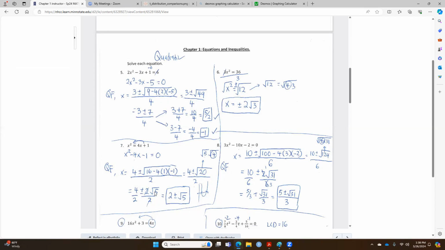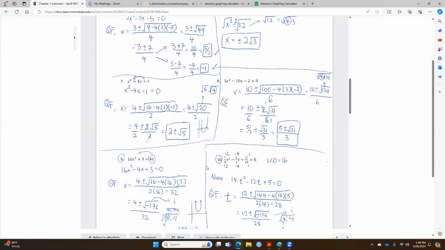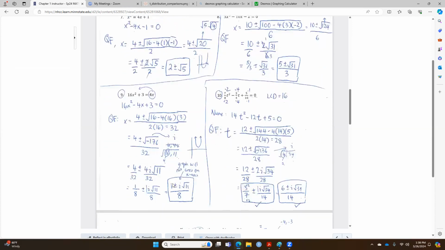And the same thing happens with your i. If 1 plus i root 11 over 8 is a zero, then 1 minus i root 11 over 8 is also a zero. So every time you see the i, the square root, or even combinations of i and square root, these two are conjugate zeros.